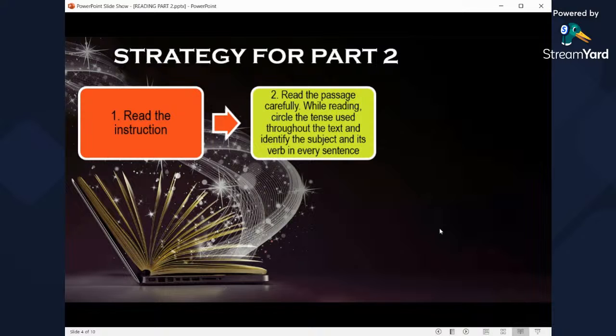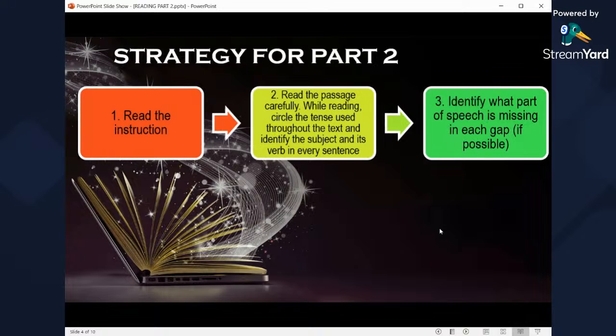You need to know whether the text is in the past, whether it's present, whether it's talking about something that is going on, which will use a lot of continuous tense or progressive tense depending on what textbook you're using. And then you also need to know the subject and verb. If you understand the subject, how the verb, whether it is plural or singular, is very, very important for you to know.